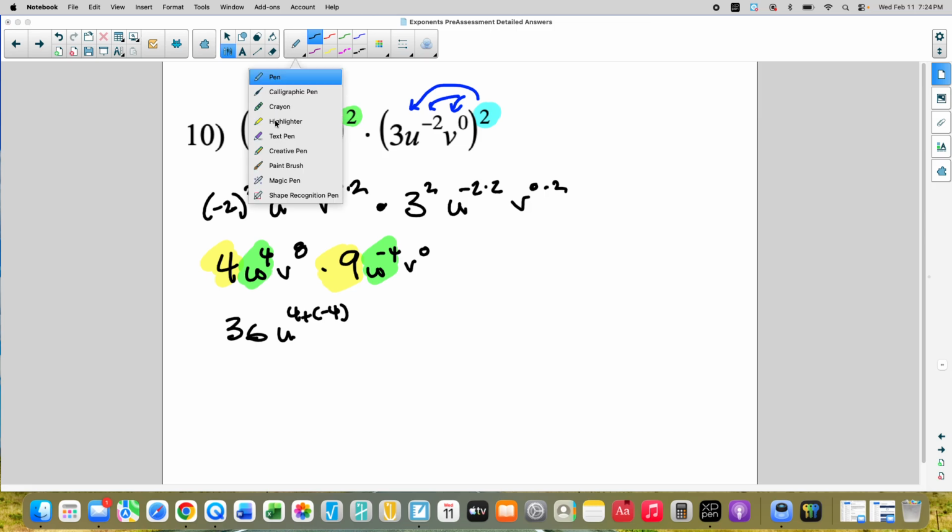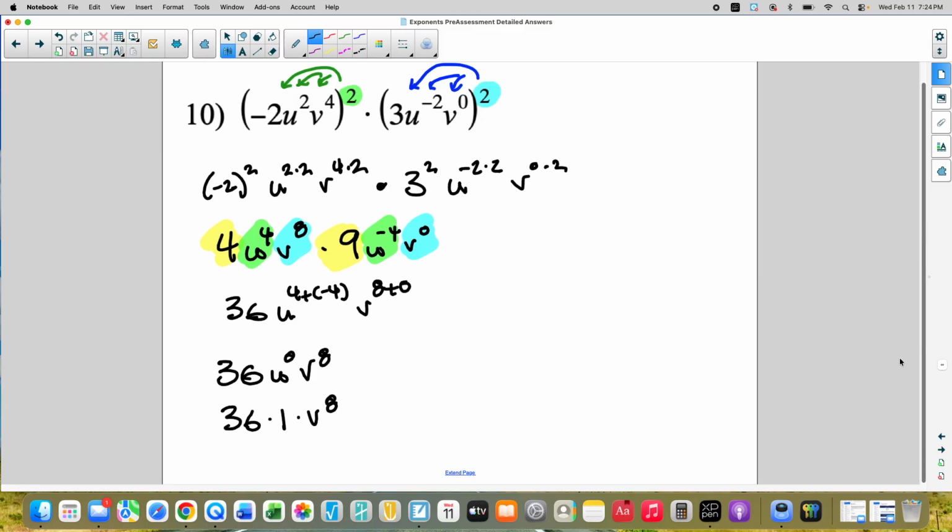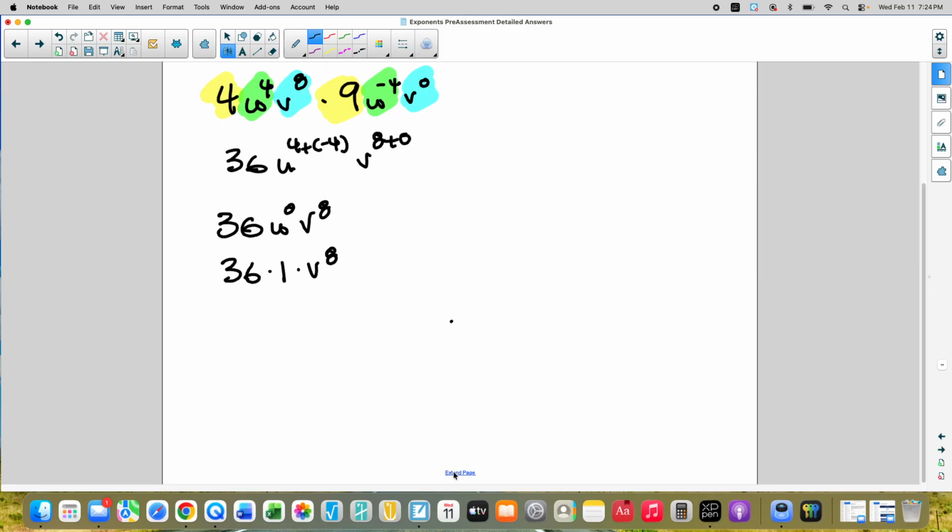And then we have v to the 8th, v to the 0, which is v to the 8 plus 0. So 36, u to the 0, v to the 8th. And u to the 0 equals 1, so that's 36 times 1 times v to the 8th, which just still becomes 36 v to the 8th.